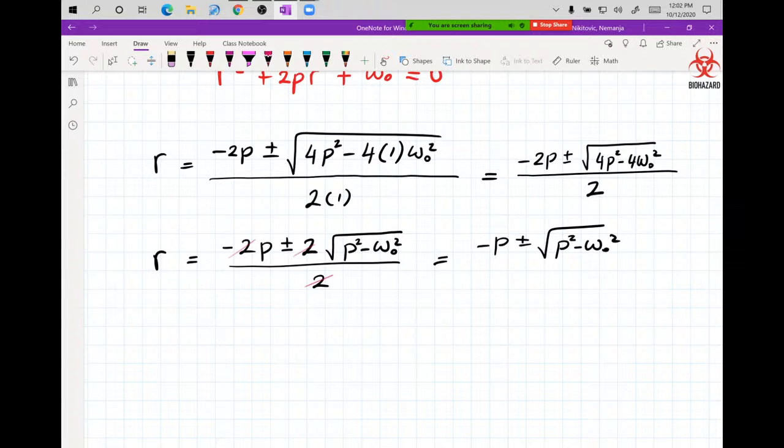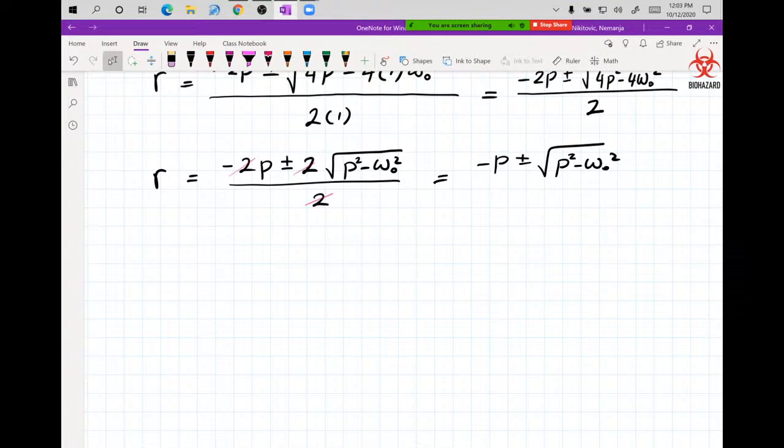So if we just yank this p squared minus omega squared business outside, and we plug those values from before in, what would happen?